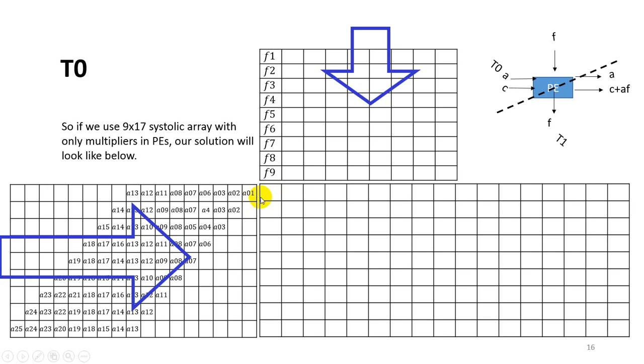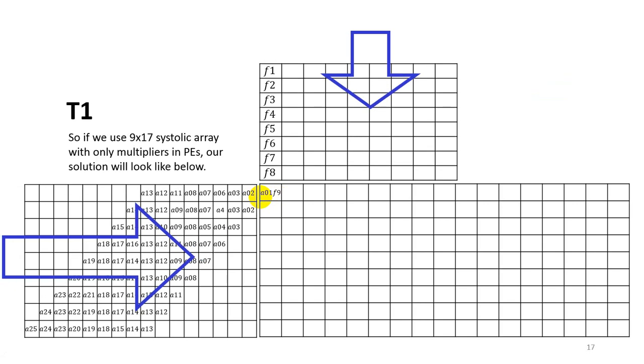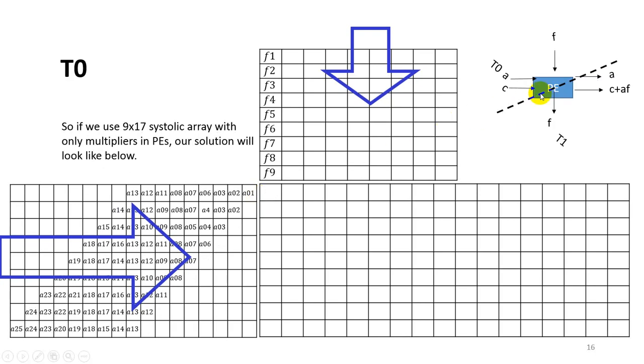Here we see that A01 and F9 are multiplied, and in this simple case we are supposing that we are not adding the results. Means we don't have the adder in the processing element.